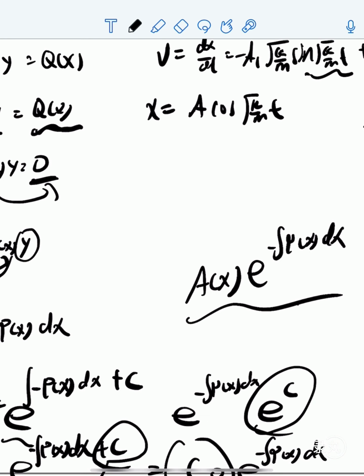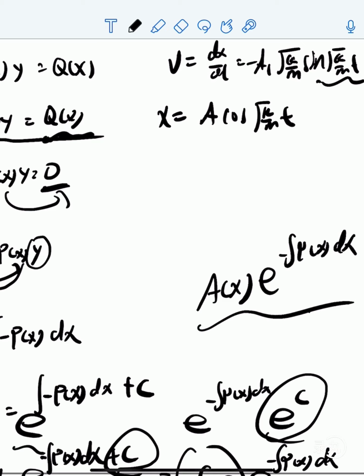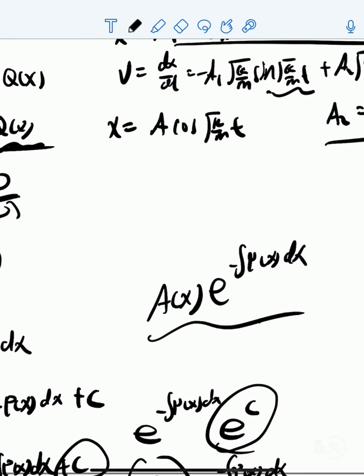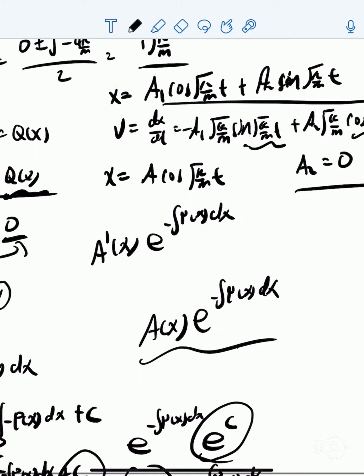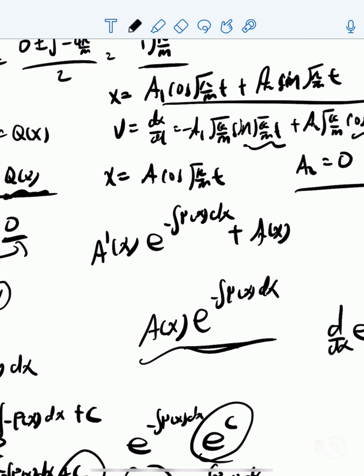If we plug into the equation, we get a'(x) e^(negative integral of p(x) dx) plus a(x) times the derivative d/dx of e^(negative integral of p(x) dx).